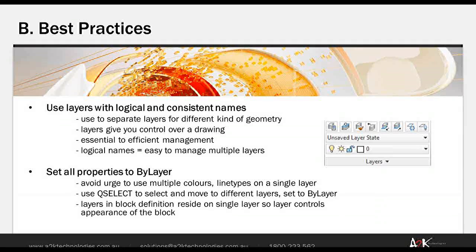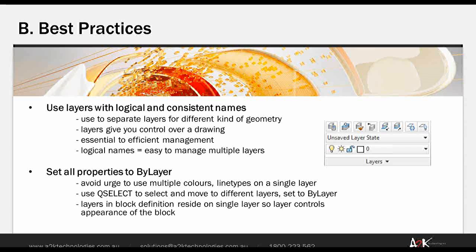And then the other important one, and this relates to blocks that I spoke about earlier, is that when a layer resides within a block definition, it's really important to have just one layer, so that it makes it easier to control the appearance of the block.